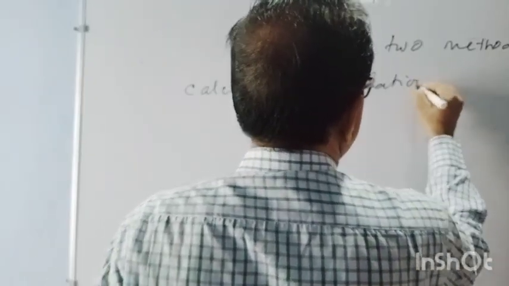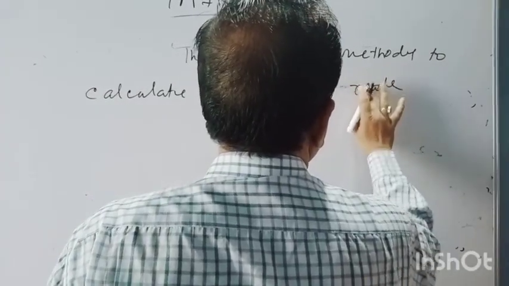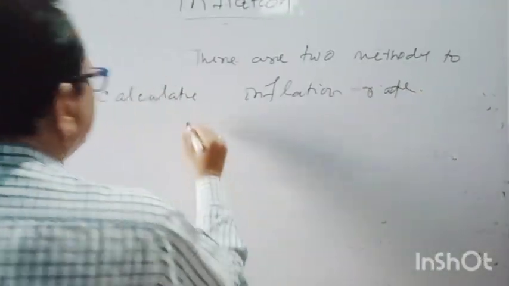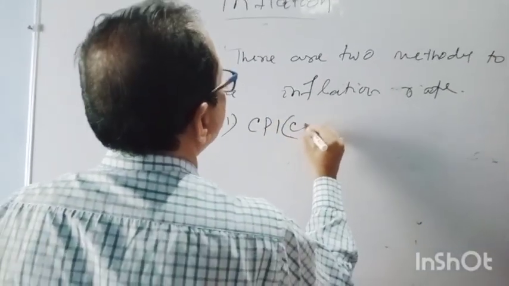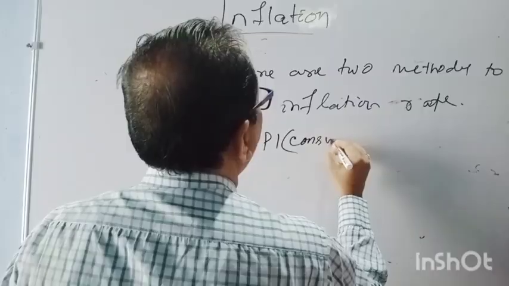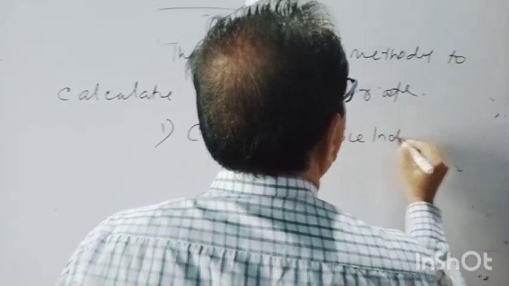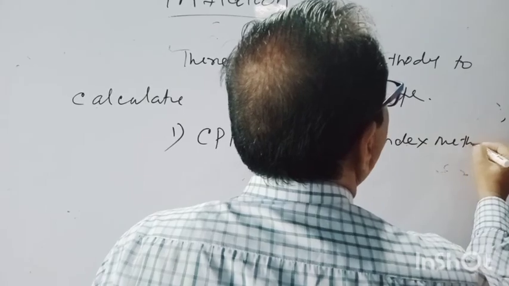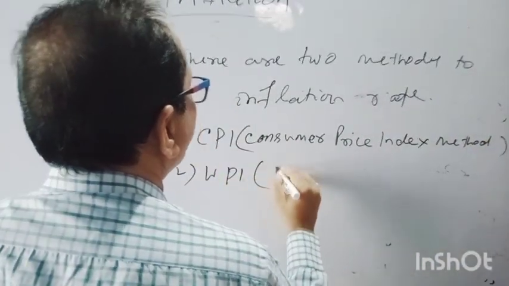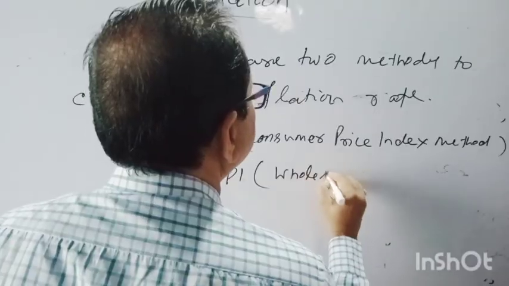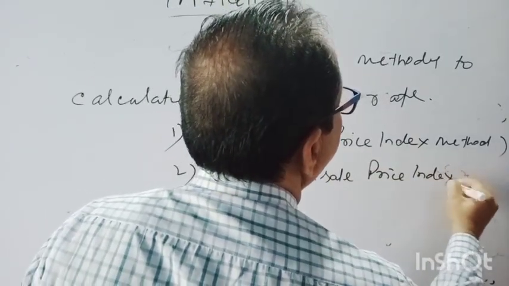First is the CPI method. CPI means Consumer Price Index method. And the second one is WPI, Wholesale Price Index method.